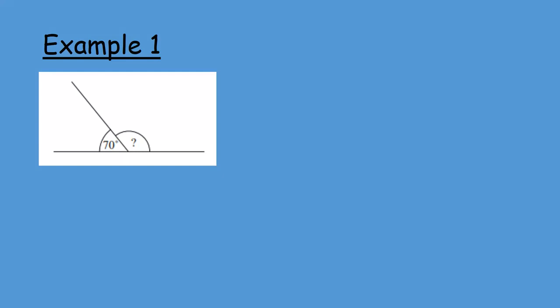We need to find this missing angle that we are going to call X. Because we know that those two angles must add up to 180 degrees, all we say is 180 minus 70 is 110. So our angle X must equal 110 degrees.